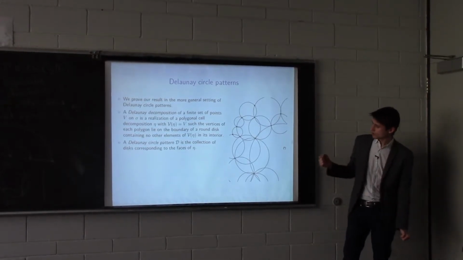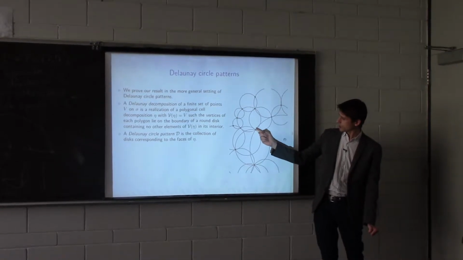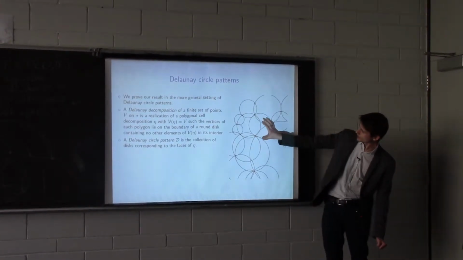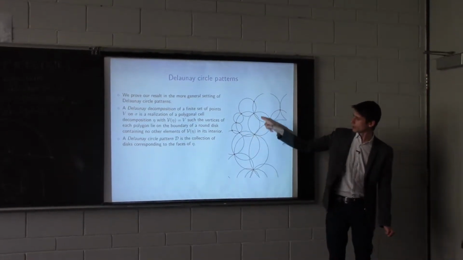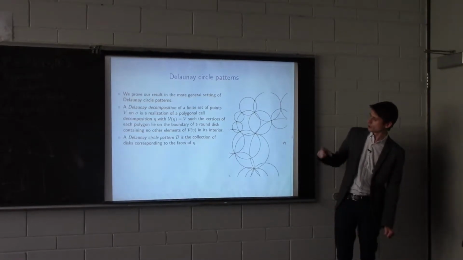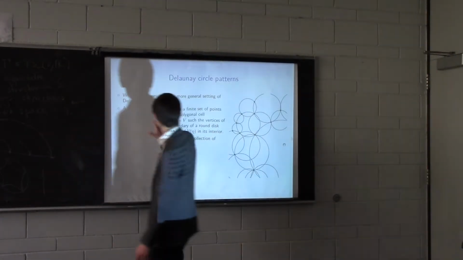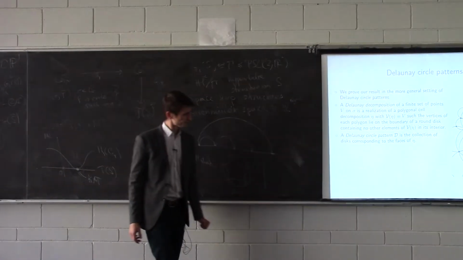And one last thing you want is that any two points that follow each other, there's always a disk that cuts them off. So for example, these two disks here, between these two points, this one right here is cut off by this other disk. So you always want what's called a cutting disk. But I think it's easier to go from Delaunay decompositions to the circle patterns in the picture.